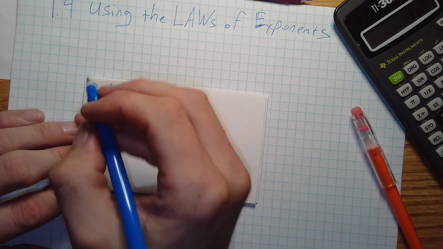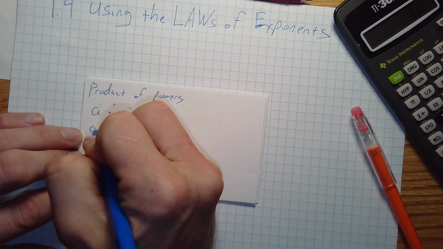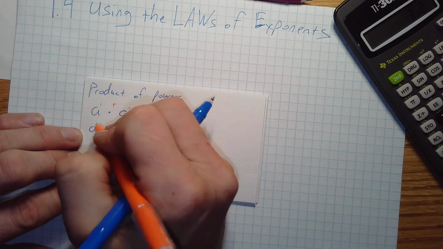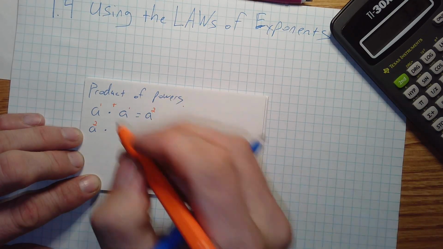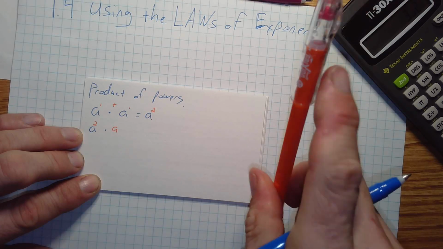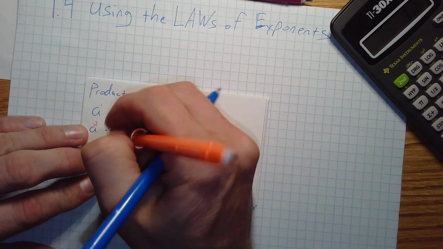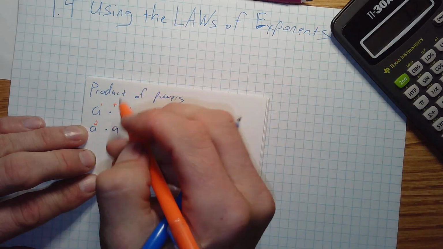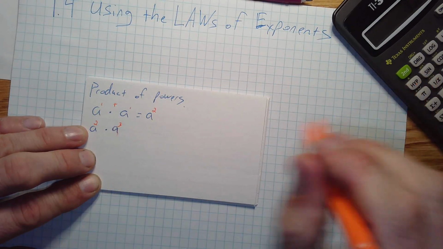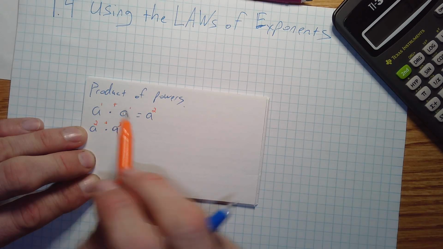Okay, well, if we do an A squared times an A to the 3rd, well, we just add those together too.